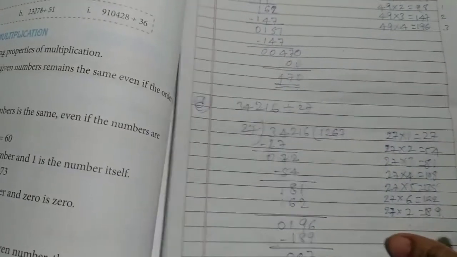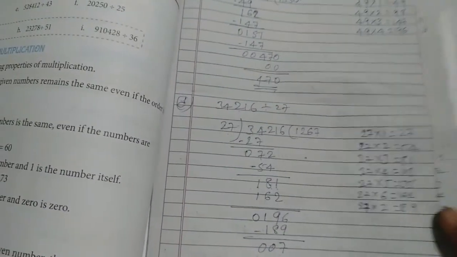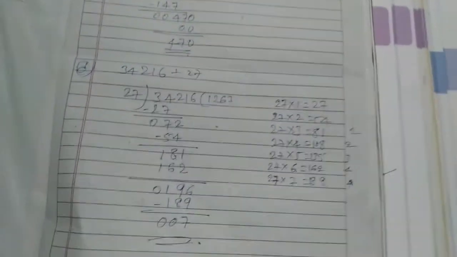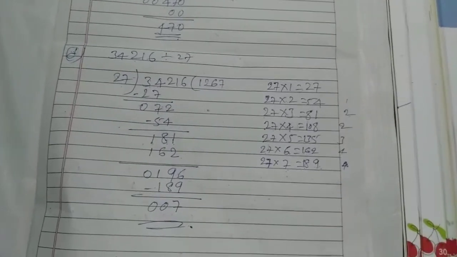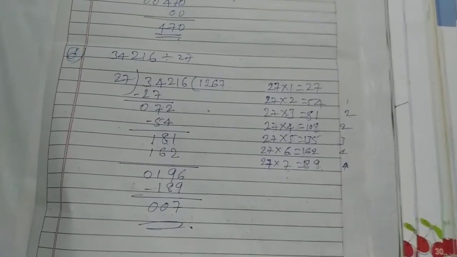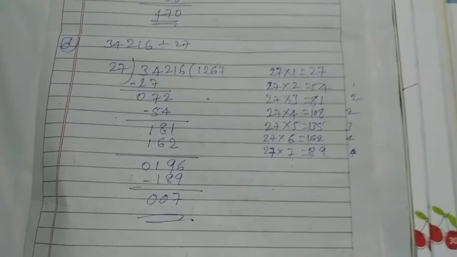Write this slowly. See, how to multiply one by one, you have to try to understand.